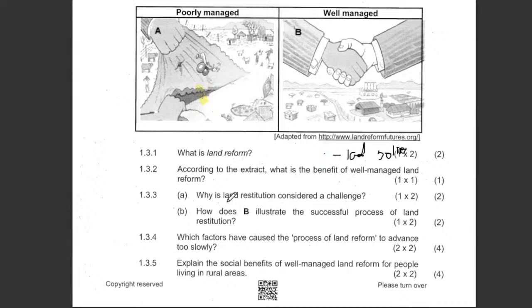Why is land restitution considered to be a challenge? Why is it considered to be a challenge? We check there and see how it is a challenge. We go back here.